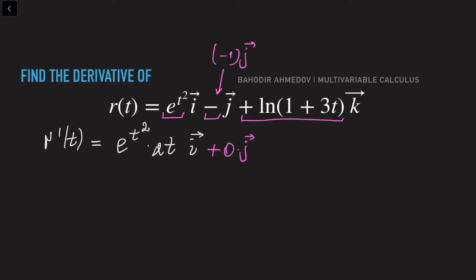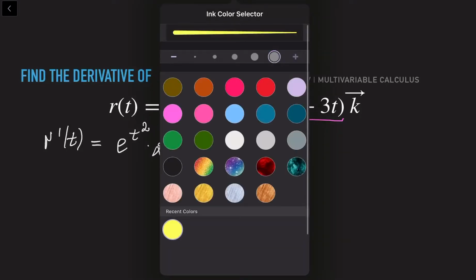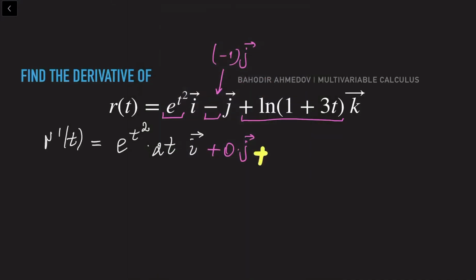It doesn't mean that we don't have the second component. It just means that this is equal to 0. It's a number. And the derivative of the third component is going to be plus 1 over 1 plus 3t times the derivative of the 3t, which is simply 3, times k.